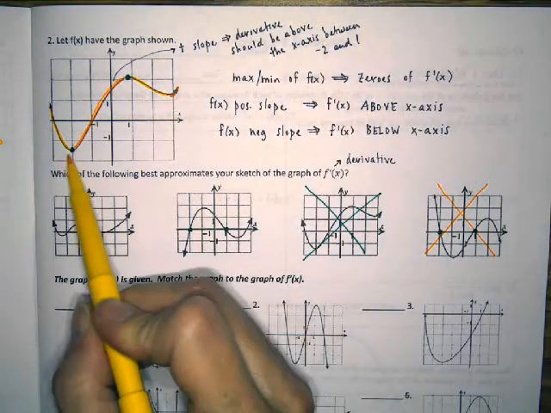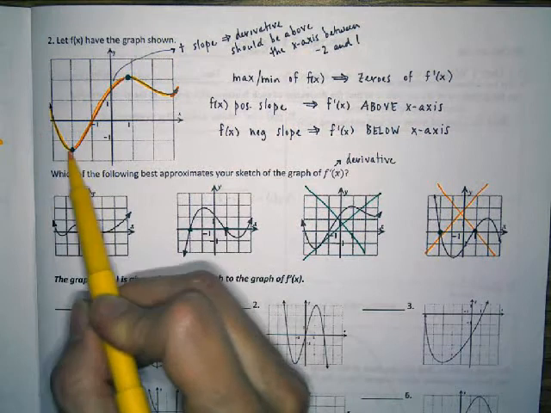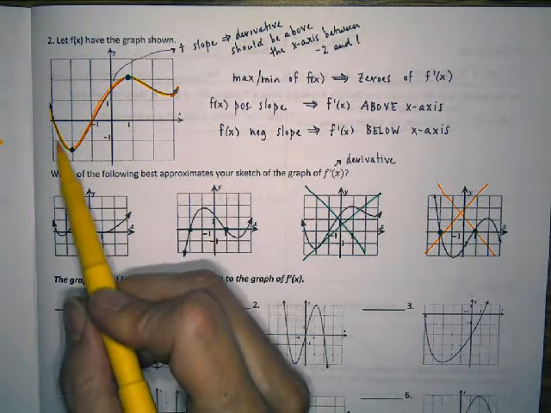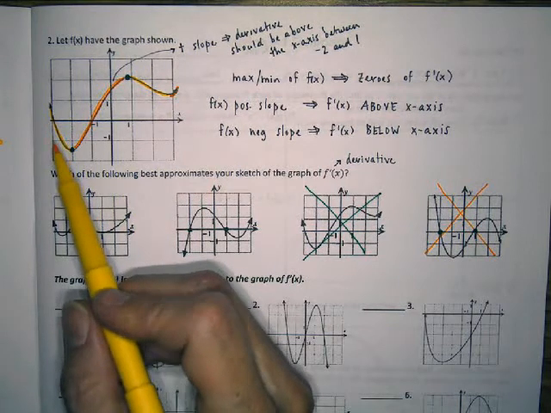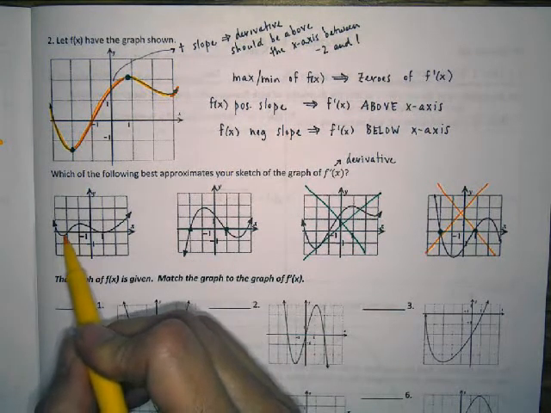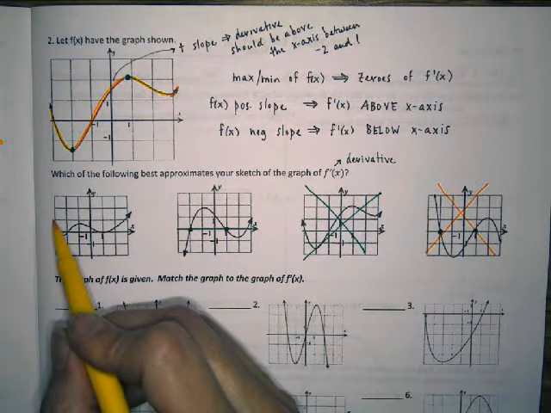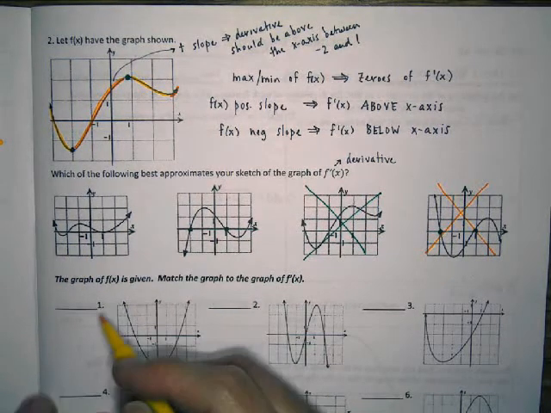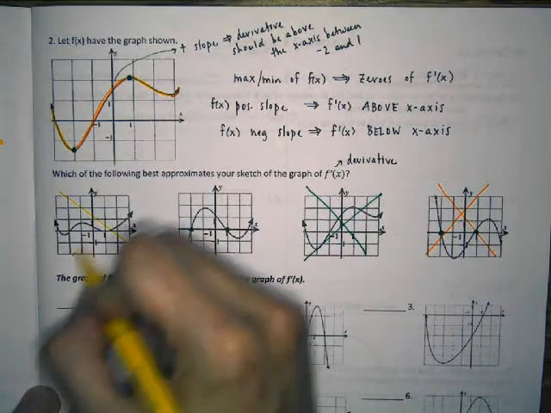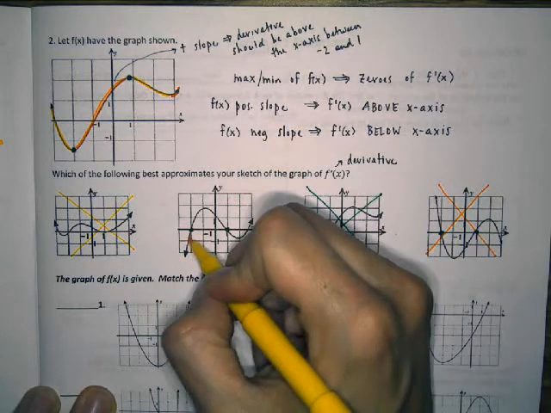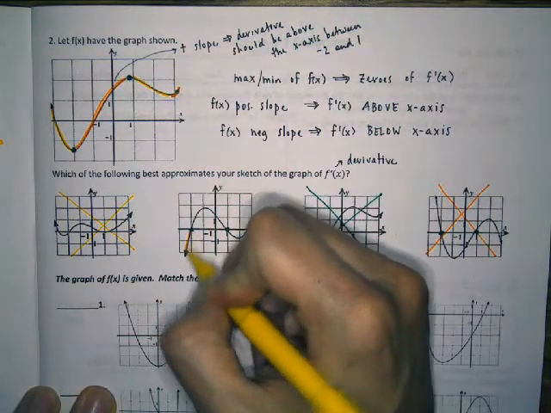So let's focus on this here. We said to the left of -2, I should be below the x-axis because I'm strictly decreasing there. So if I go back to my option here, it looks like I can rule out this choice, because even though I'm below for a little bit, I do go above the x-axis, which we said should not be the case.